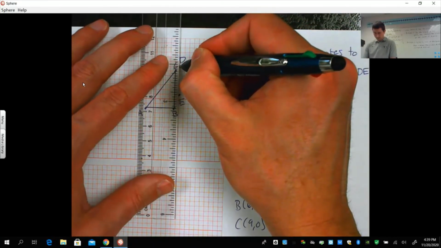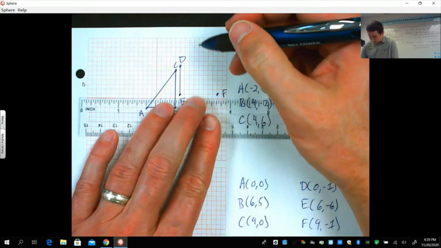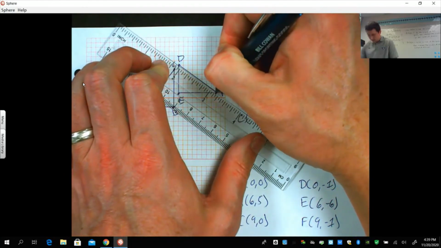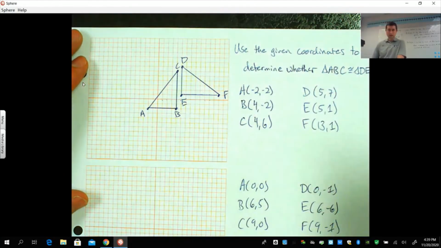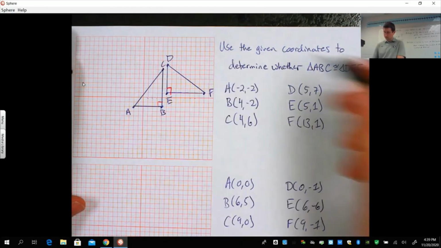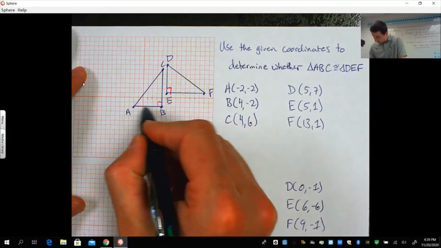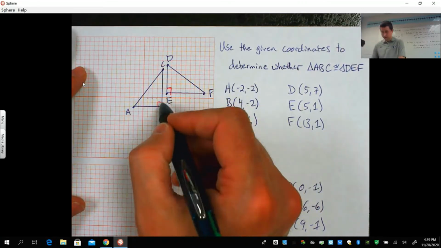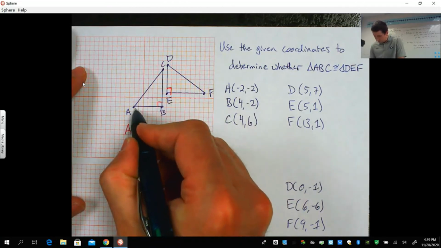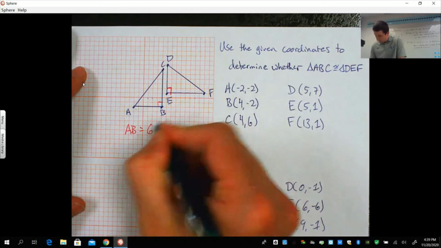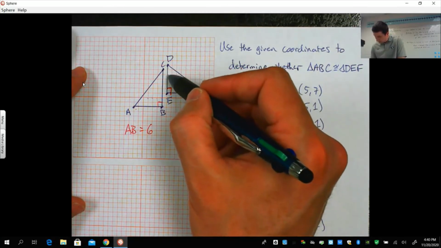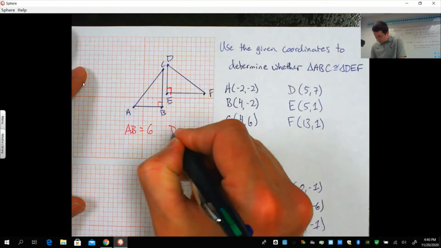Are they congruent? Well, it's nice that we have some horizontal and vertical segments, because that's easy to check. We know that we have a right triangle because these are horizontal and vertical lines. So along here, let's see if we can use side angle side to prove this. A to B, that length is 6. Over here, D to E is our shorter side, and D to E equals 6.